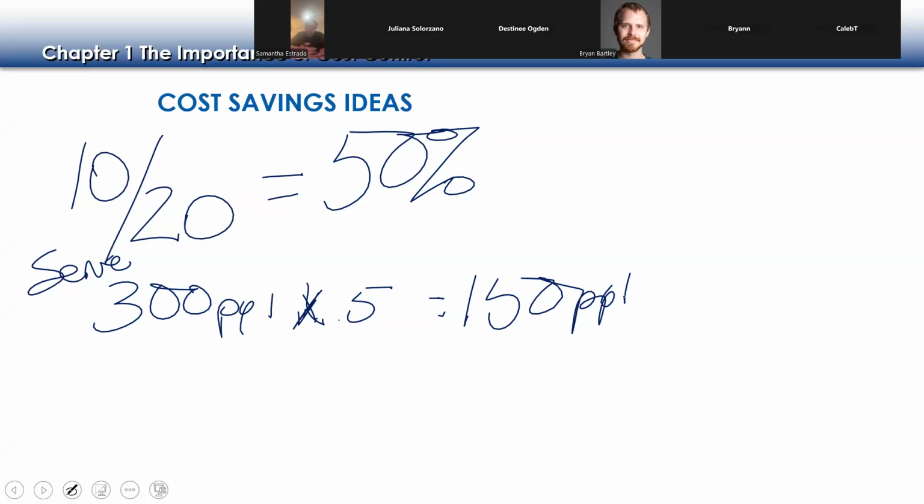So how much does one lemon slice cost? 10 cents. So now we multiply by 10 cents, and that is equal to $15. So that's $15 a day on lemons.